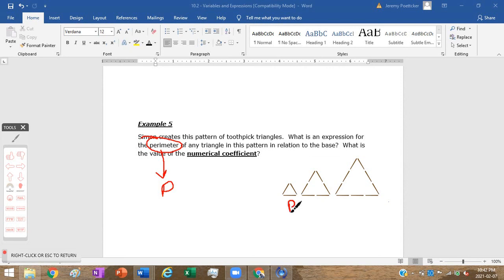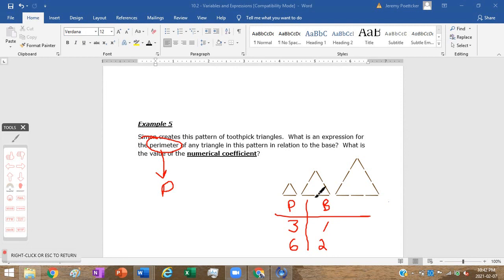This one here, 1, 2, 3, 4, 5, 6. Perimeter is 6, and the base is 2. I am going to run out of space very quickly here. But the next one, perimeter 1, 2, 3, 4, 5, 6, 7, 8, 9. Base is 3. Hey, I noticed something going on here.